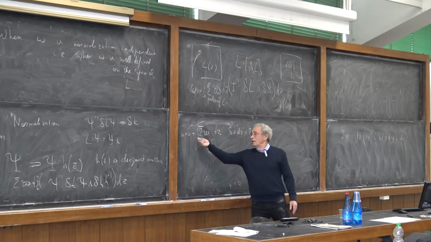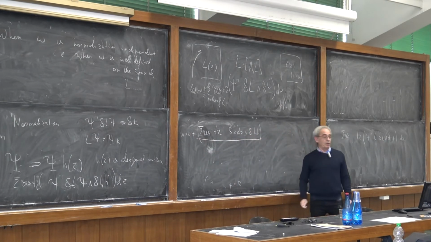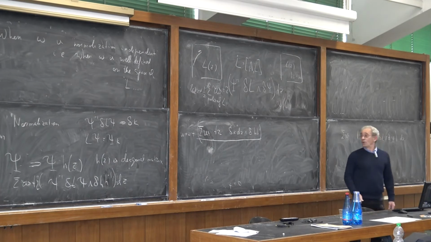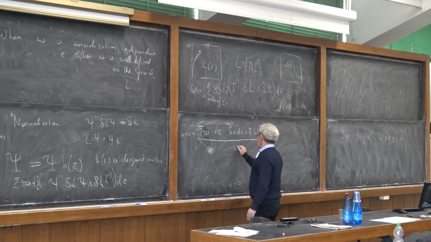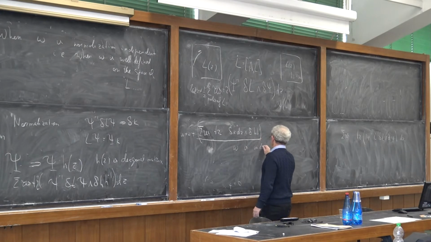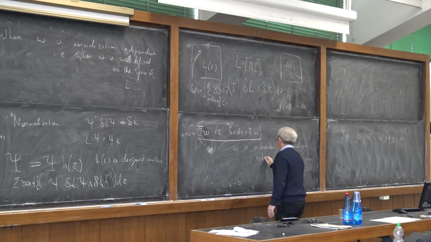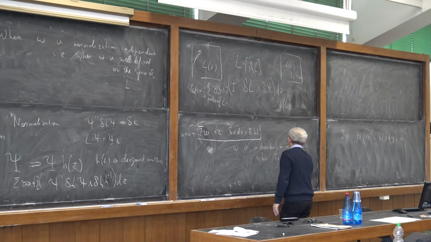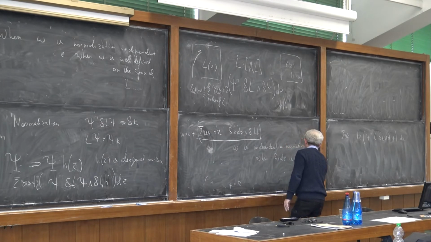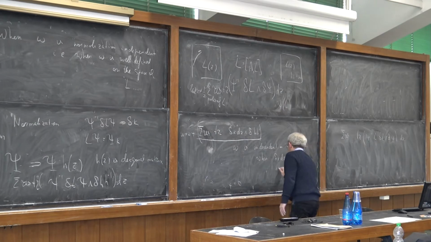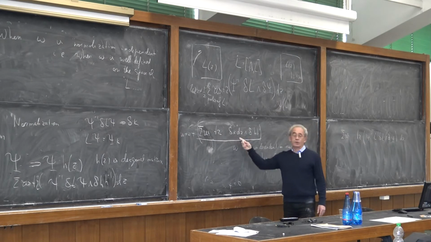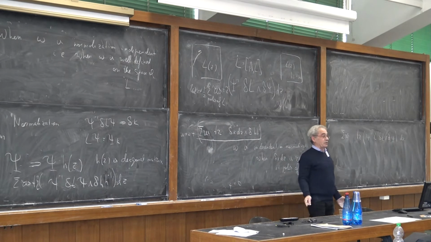So omega doesn't depend on the normalization, only when delta K dz is regular at poles of L. When there is no pole here, you don't get anything from the residues.